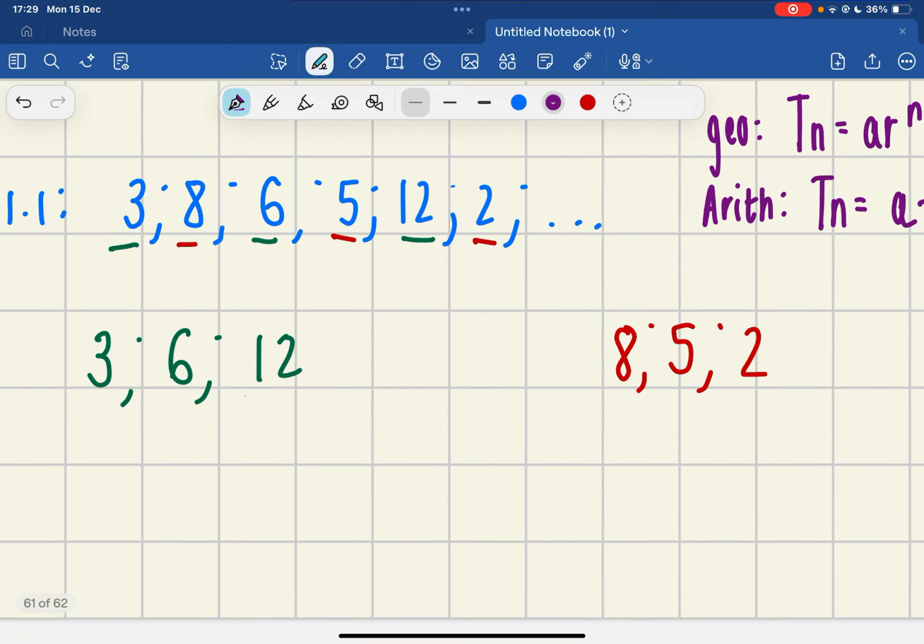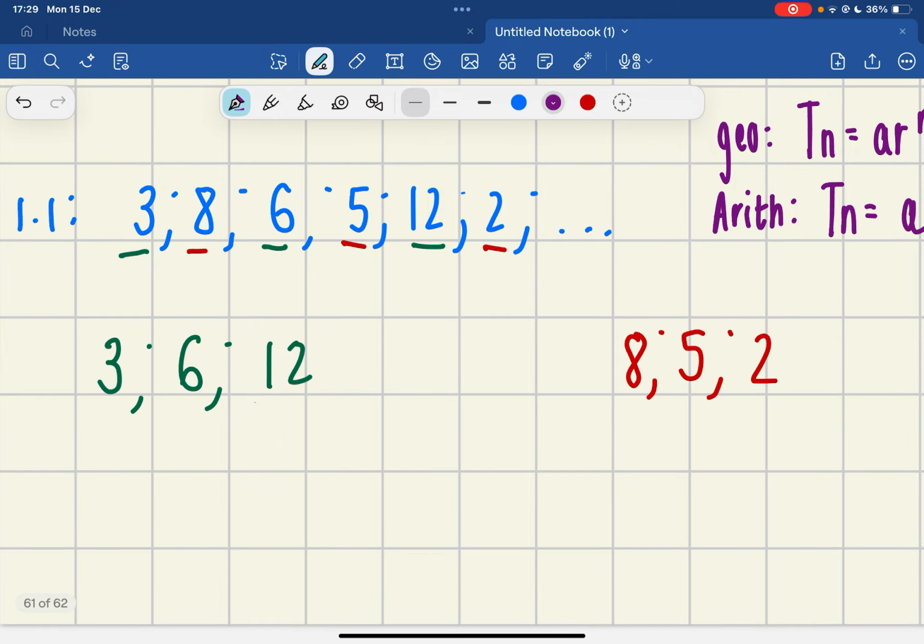Here we can see that it's not arithmetic because we're not subtracting or adding a constant number. There's no common difference. Therefore we can conclude that it is indeed geometric.